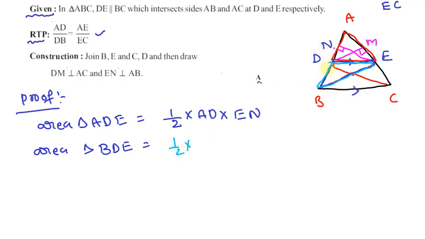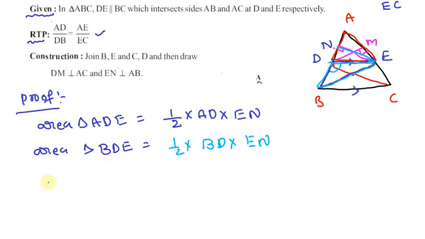I am considering BD as the base, and if BD is the base, then what would be the height? A perpendicular line drawn to the opposite vertex. So through point E, the perpendicular line drawn to BD, that is EN. Here also we consider EN as the height for triangle BDE, which is exterior to the triangle BDE.